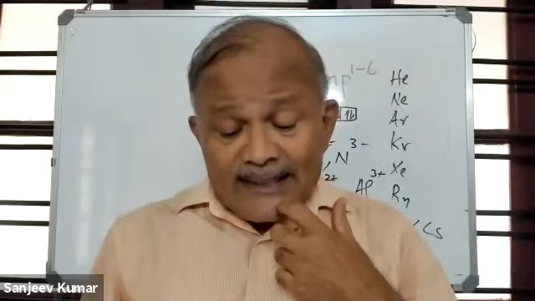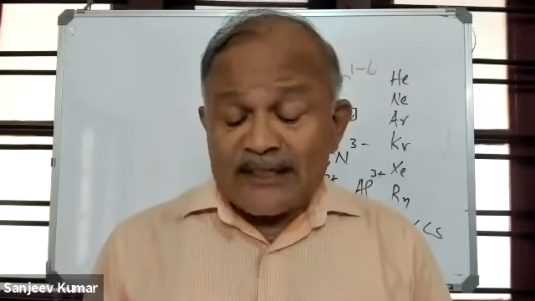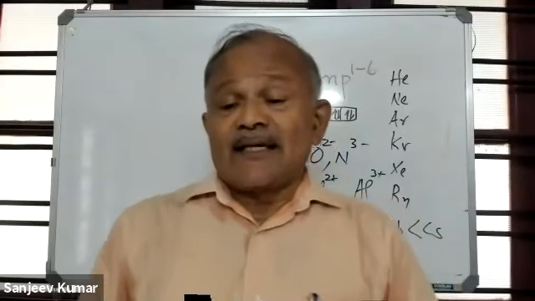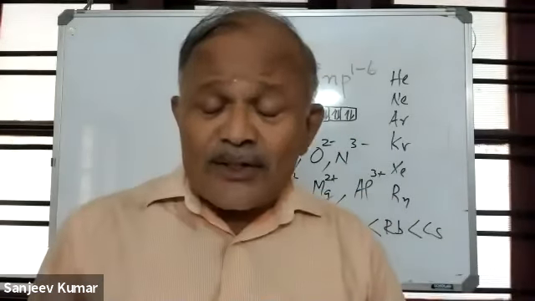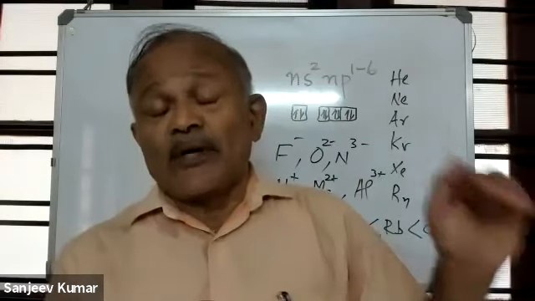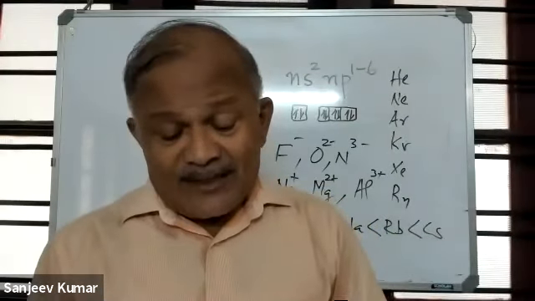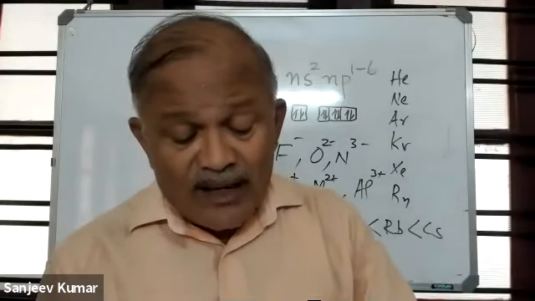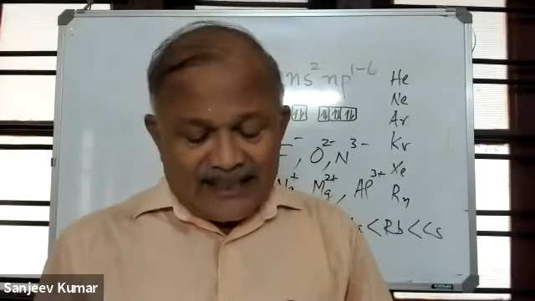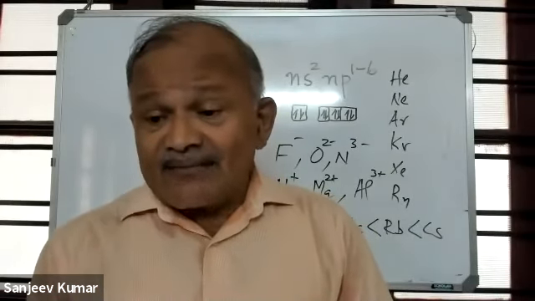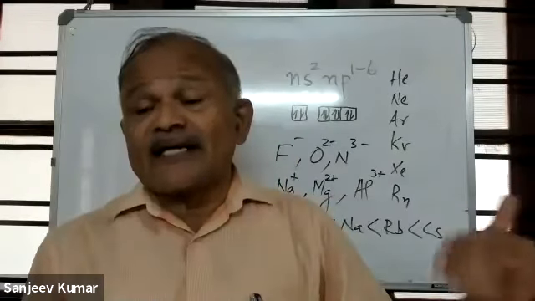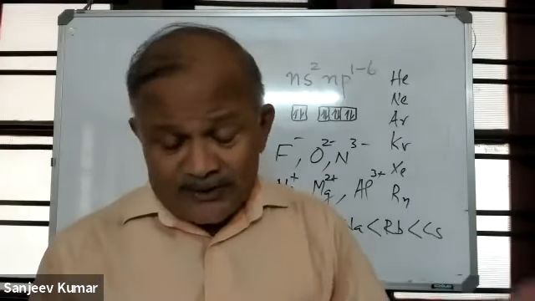Cobalt 3 plus: cobalt has atomic number 27, and if 3 electrons are removed, its electronic configuration becomes argon 3d6, because it has only 24 electrons. The other choices are nickel 3 plus, nickel atomic number 28, and if 3 electrons are removed, it will be 3d7, 25 electrons.